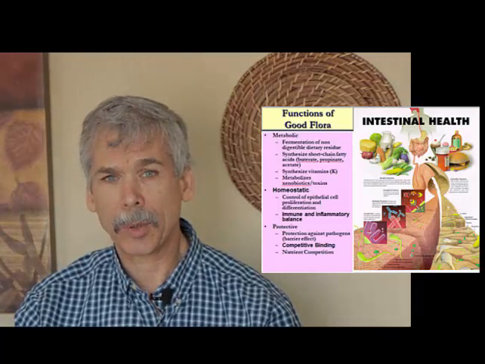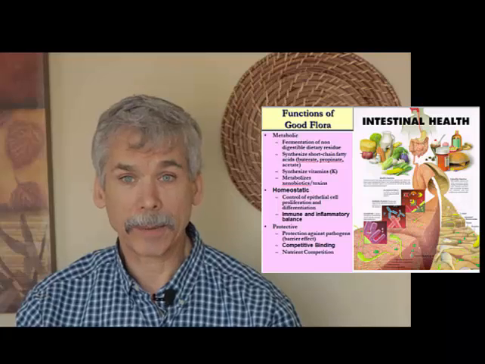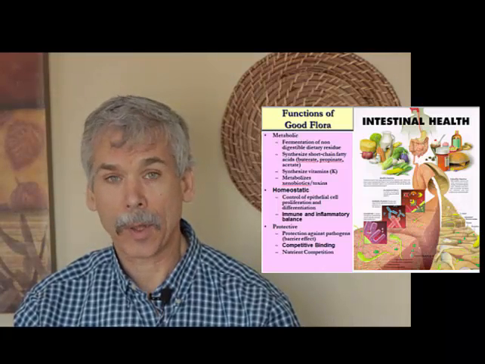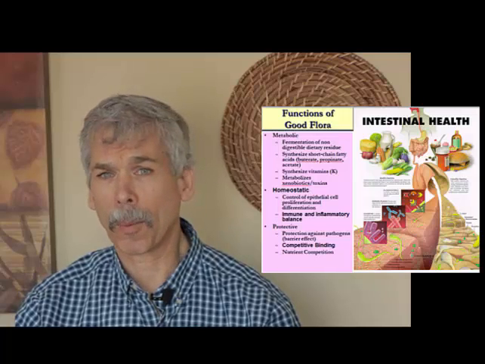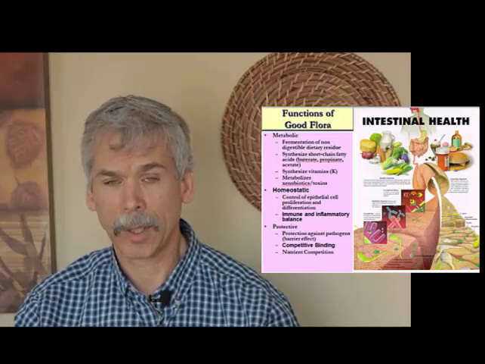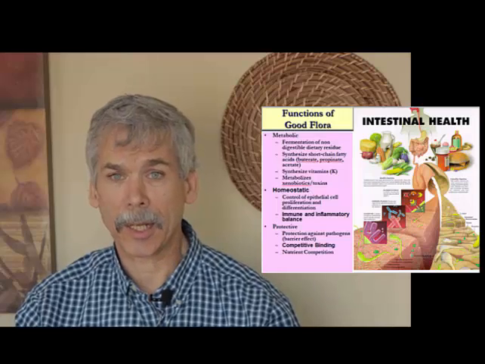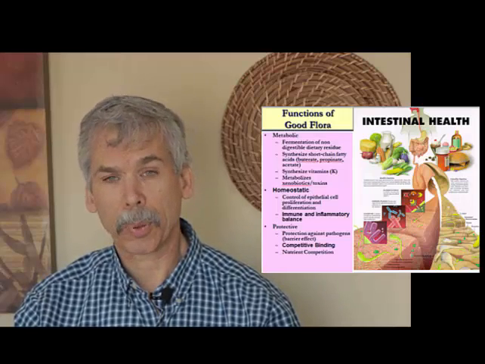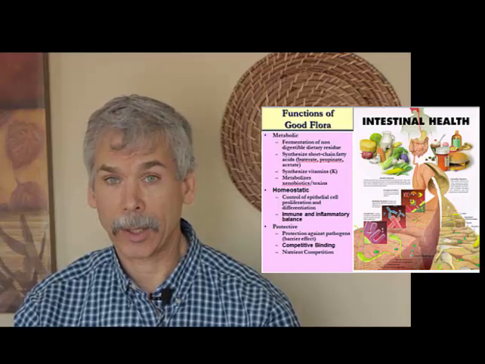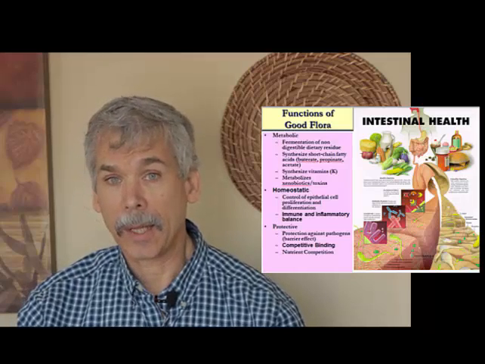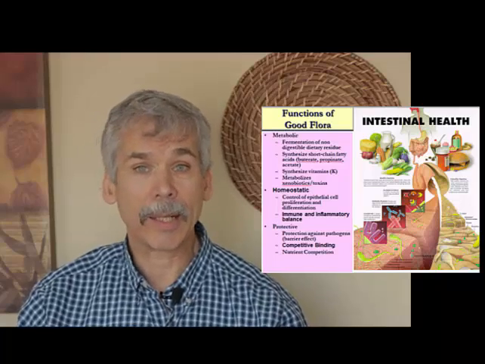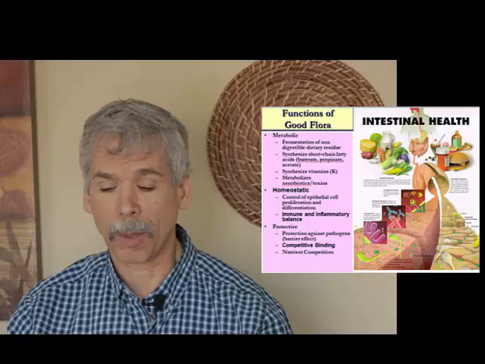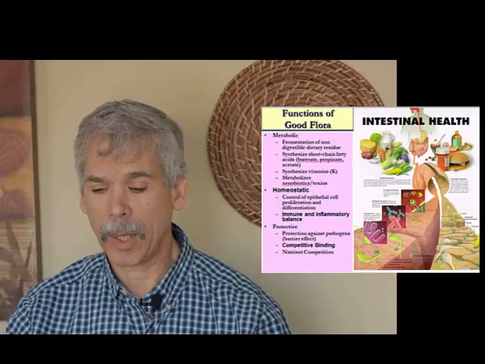The flora has a lot to do with our digestion, and with homeostasis, or the normalizing of all of our function. The flora is tied in with the health of our gut lining, its proliferation, and with immune function. The flora communicates back and forth with the brain. It affects our brain function in a huge way.